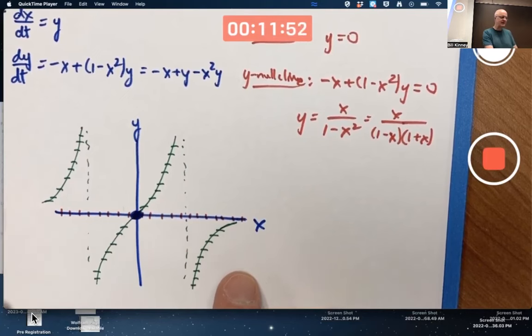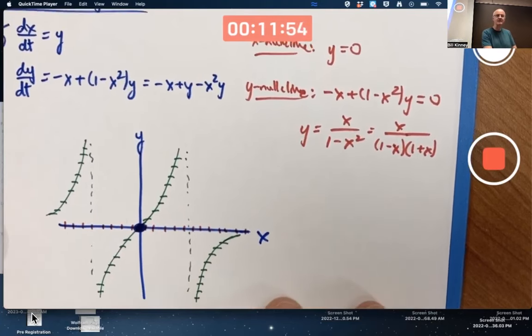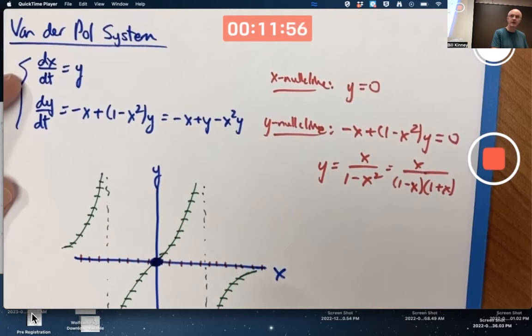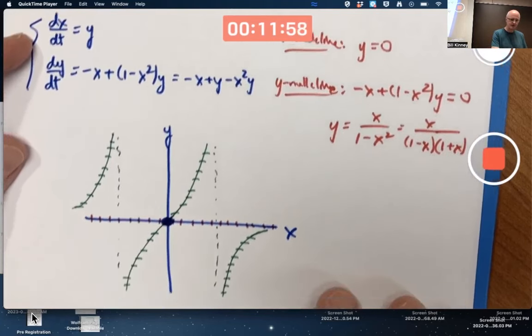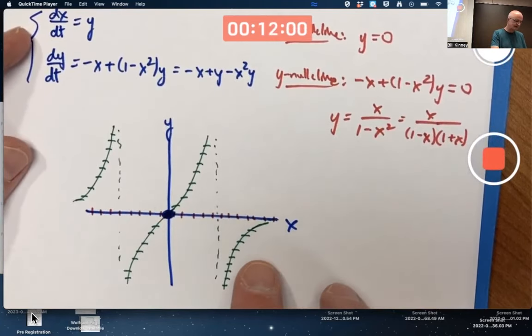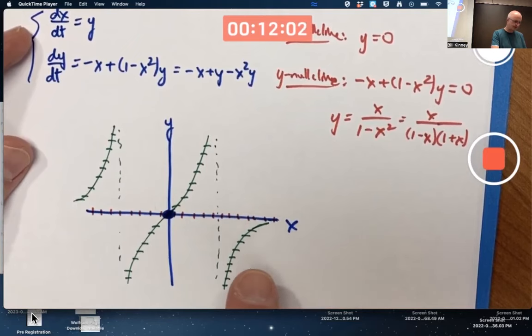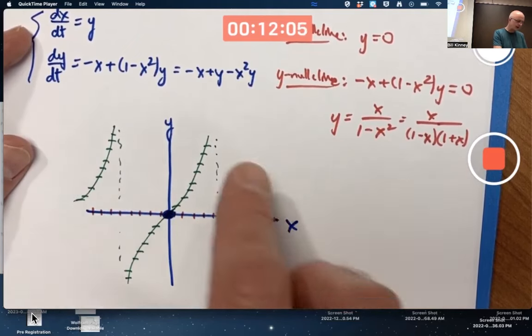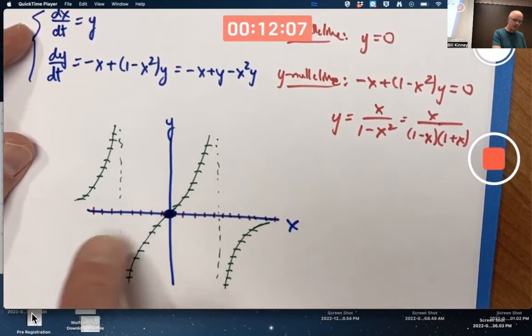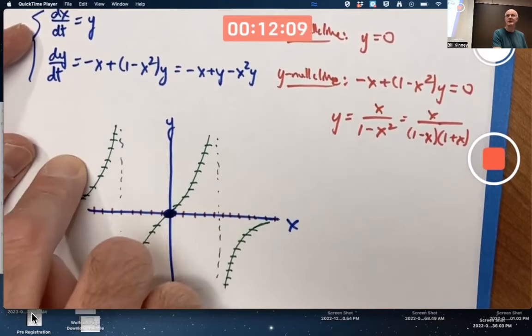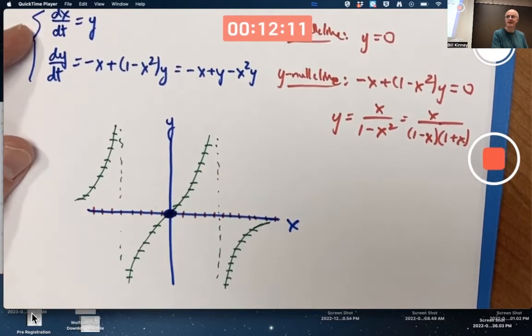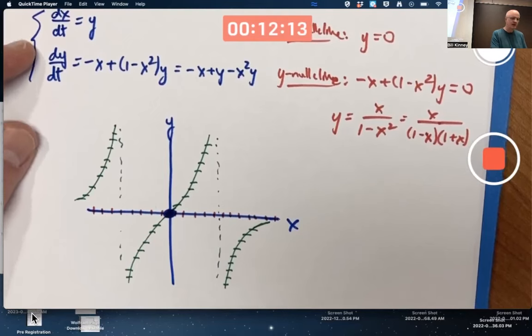To draw the phase plane, then, you've got to think about the signs of these derivatives in these different regions. How many different regions are there that the null lines separate the plane into? I'm going to count first when y is negative, then y is positive. Down here, 1, 2, 3, 4, 5, 6 regions that the null lines separate the plane into.